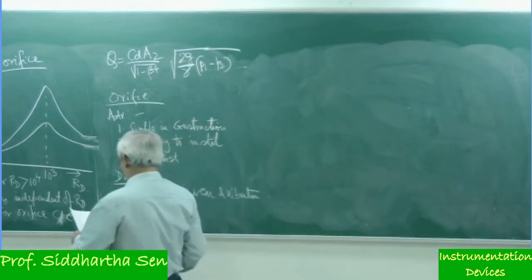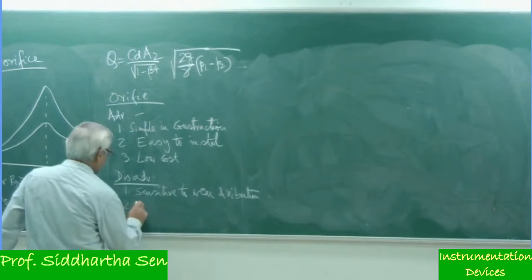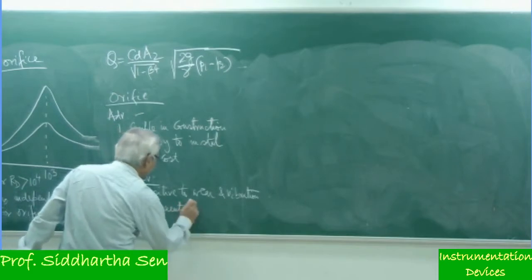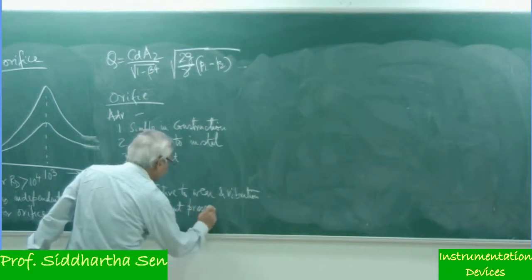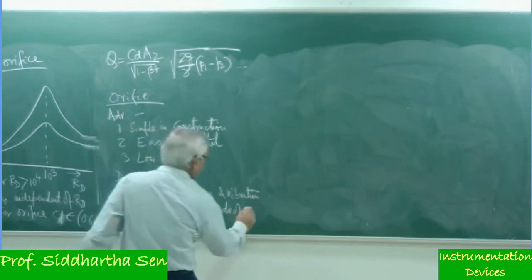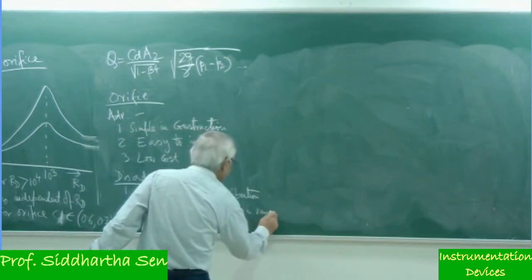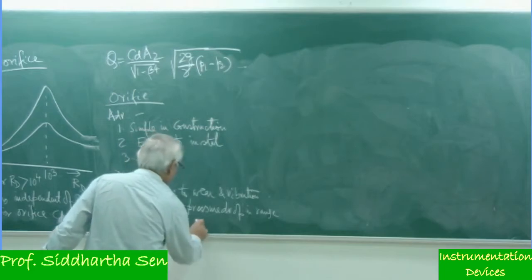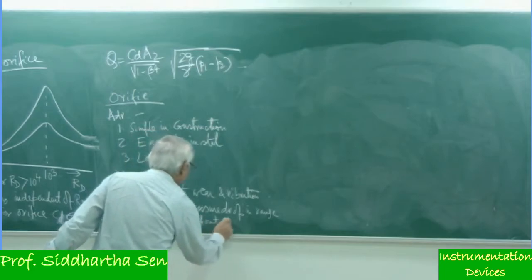Next, more objectionable is the permanent pressure drop in the range of about 40%.